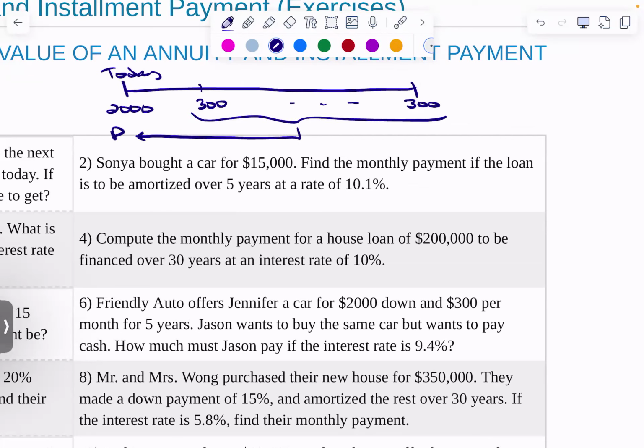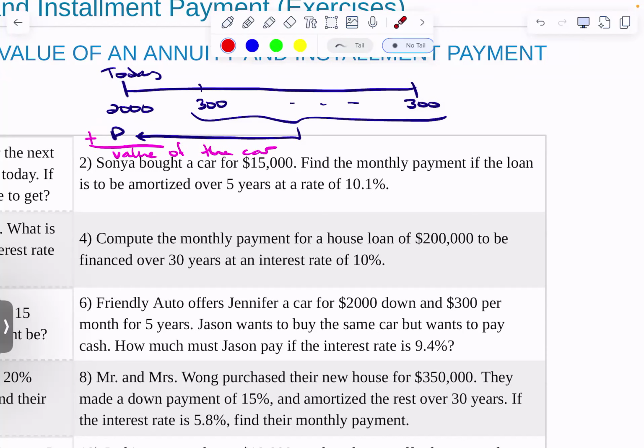And that's gonna be worth some P, right? But same way that a down payment works, the value of the car is the 2,000 plus the P.